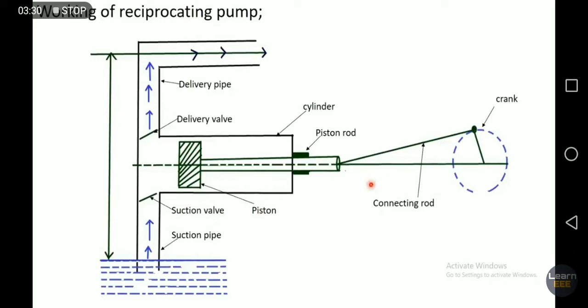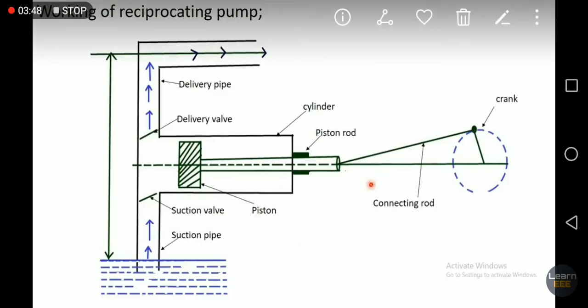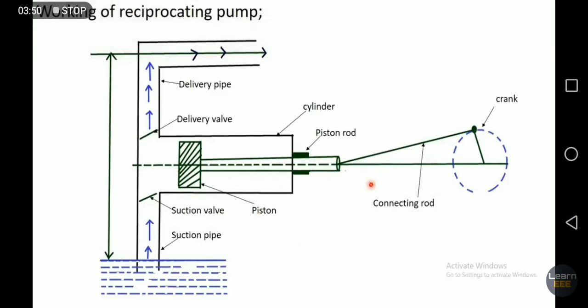Then the crank is rotated and the piston moves from crank side to pipe side. In the chamber the liquid is compressed, so the pressure is increased. Automatically the delivery valve opens, and the liquid goes to the delivery side. During this cycle the suction valve is in closed position.